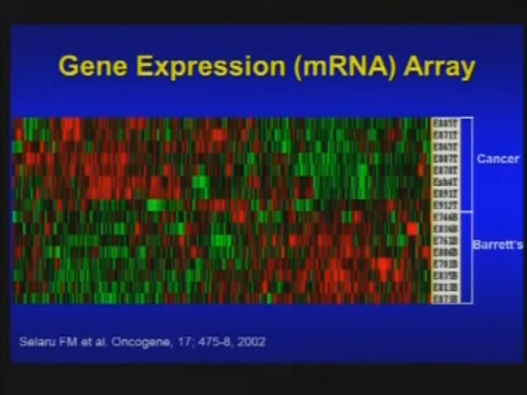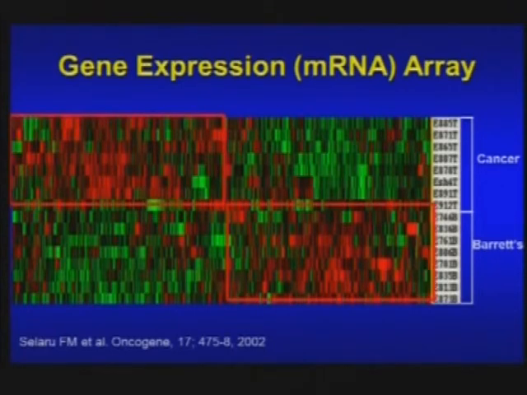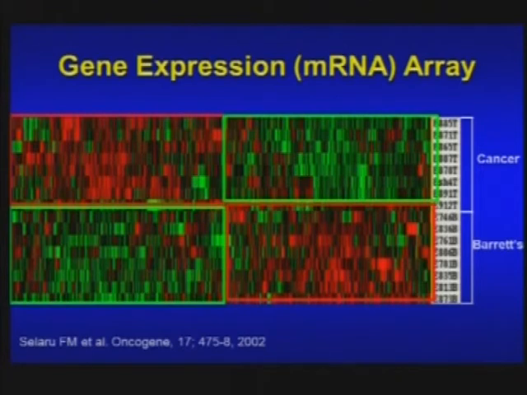And you don't even need to know the names of the genes on the panel. Just looking at the expression, you can see there's differences in red and green expression between the cancers and the non-dysplastic Barrett's. And just looking at the color pattern, the investigators were able to separate esophageal cancer from that of non-dysplastic Barrett's.